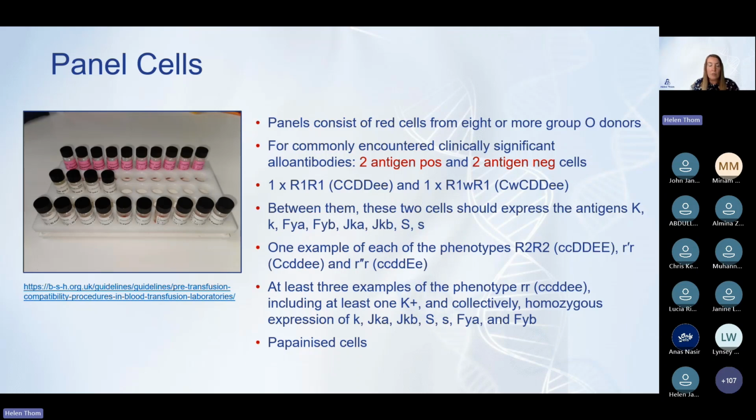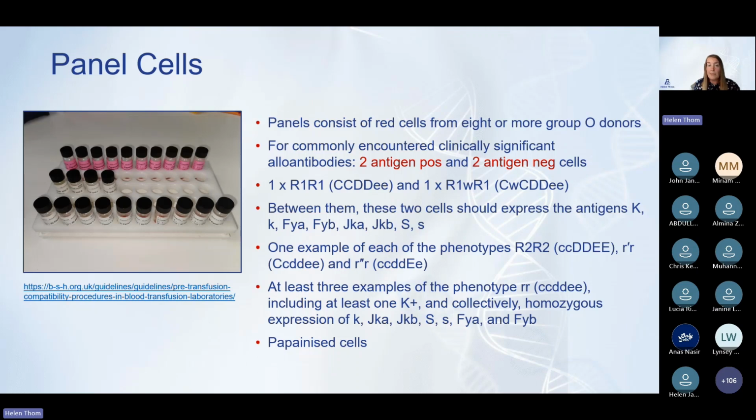When you donate blood, it may go directly to a patient, or it might turn into a reagent, which is quite helpful. They're set up in such a way that you can get your commonly encountered antibodies identified using those panels. It's got at least 2 antigen positive and 2 antigen negative examples of those. It has to have at least 1 R1R1 and 1 R2R2.